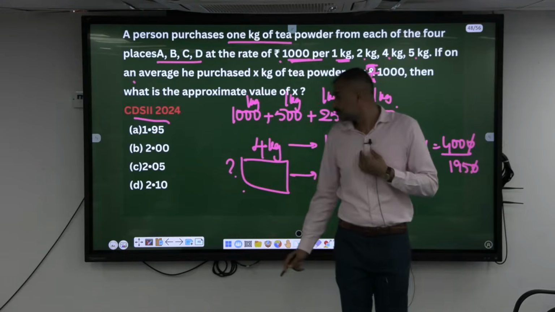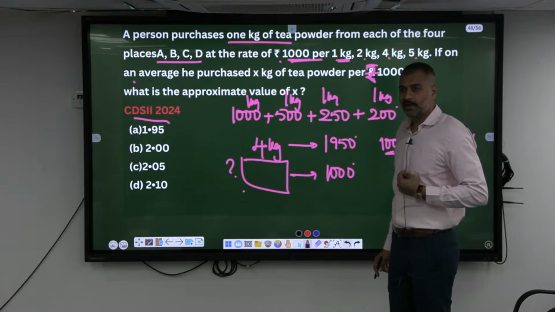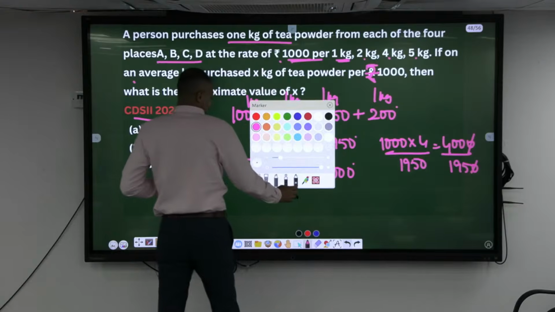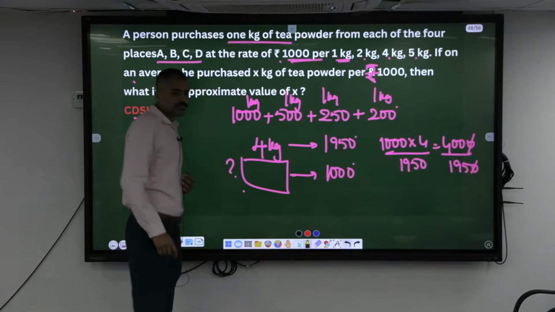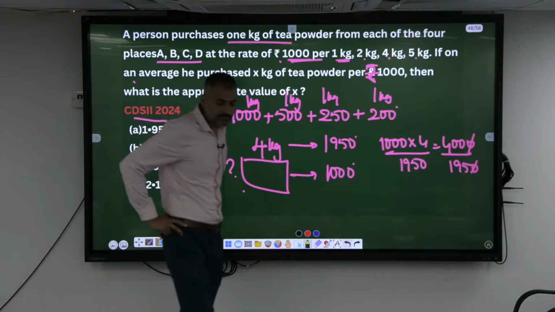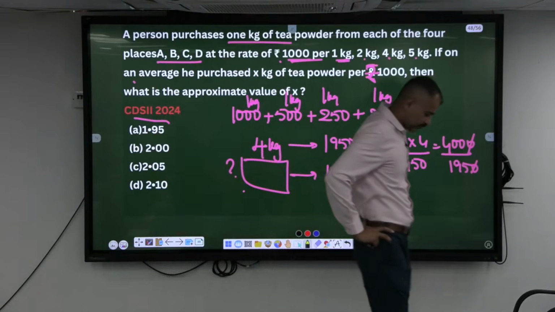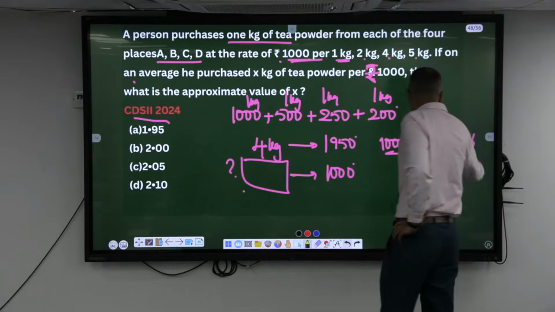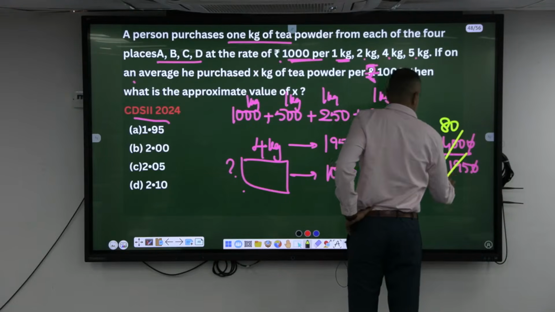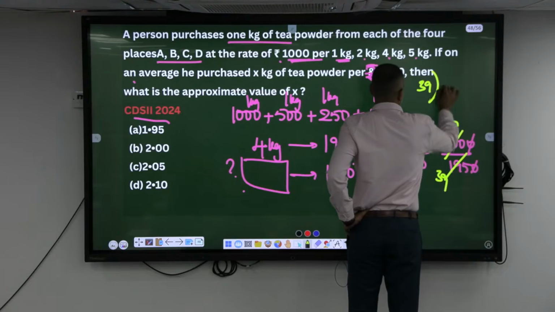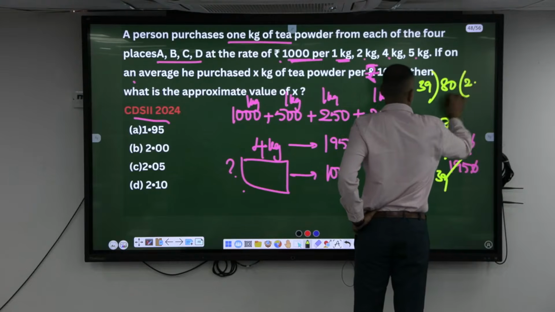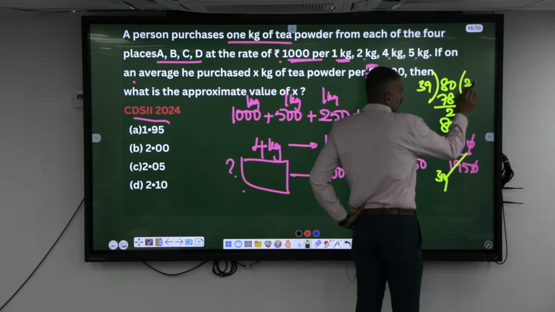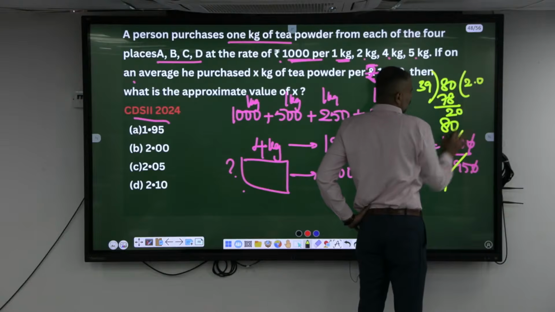How much? 2.05. Two point 10, but we require one more 0, isn't it?